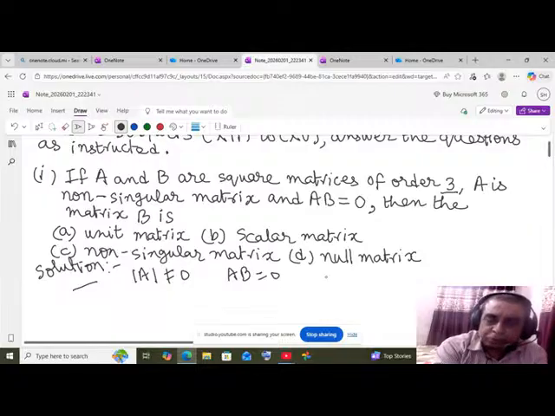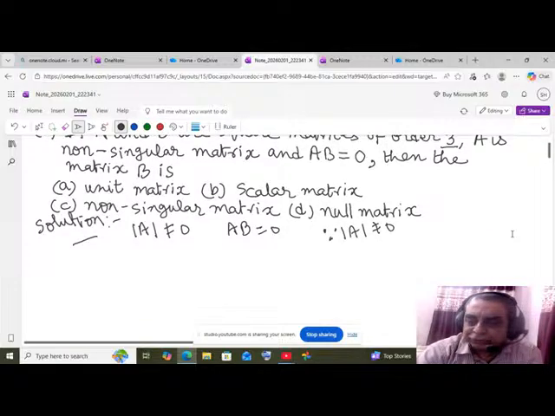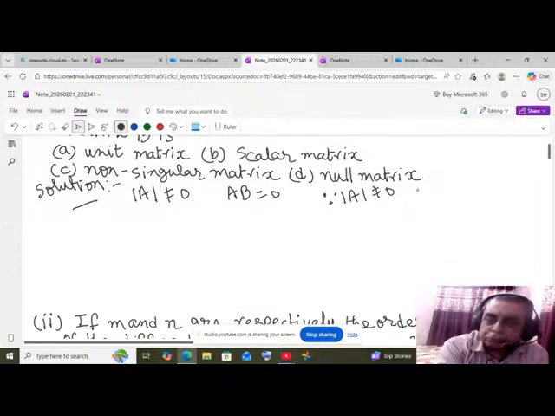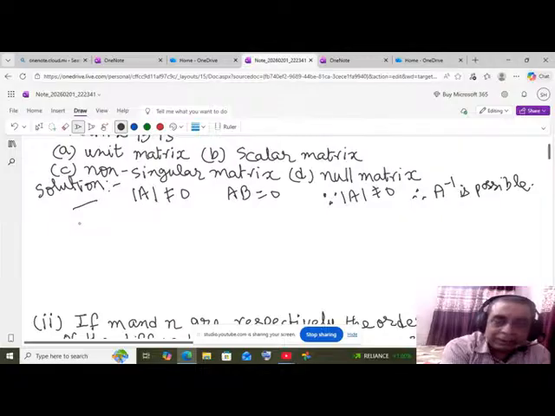Now please follow here. The determinant of A is not equal to 0, therefore the inverse of A is possible. This is statement number 1.